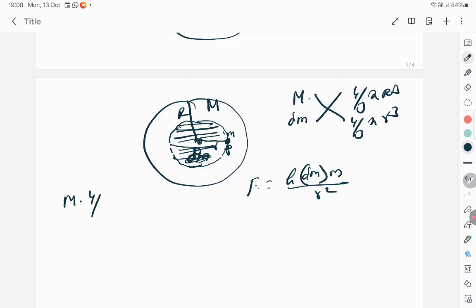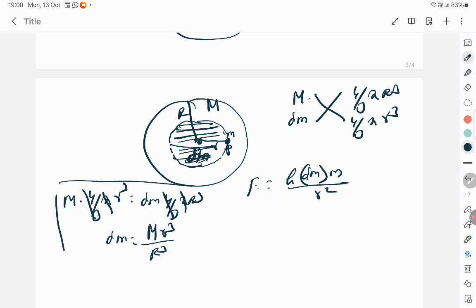M into 4/3 pi small r cube is equal to dm into 4/3 pi capital R cube. 4/3 pi get cancelled. dm is equal to capital M into small r cube by capital R cube. You must memorize this dm. 4/3 and 4/3 get cancelled, pi and pi get cancelled, so it is capital M into small r cube by capital R cube.